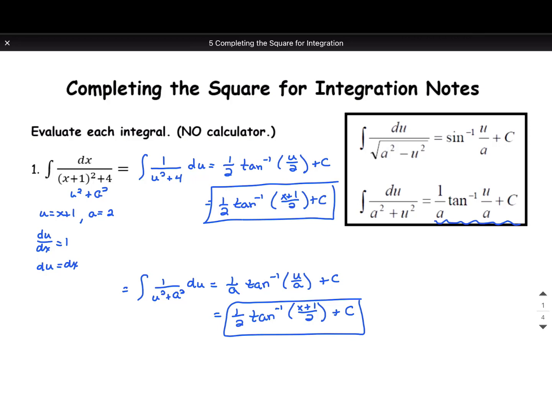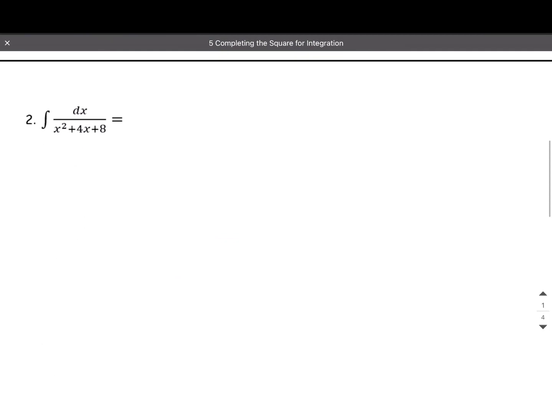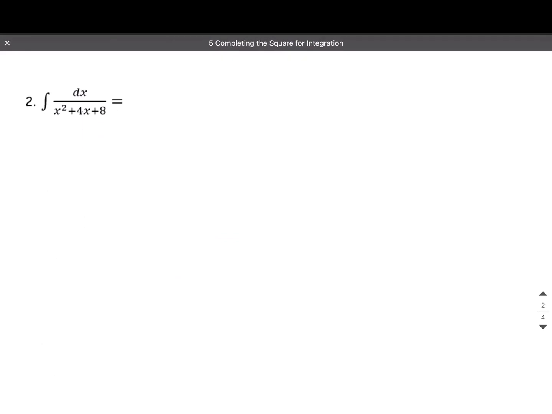All right, so now let's suppose I give you something like the integral of dx over x squared plus 4x plus 8. When you look at this, you say, oh goodness, what do I do? Well, you try, okay, I have a fraction, let's let the denominator be u. And if you do that, u equals x squared plus 4x plus 8, but your du dx would be 2x plus 4.